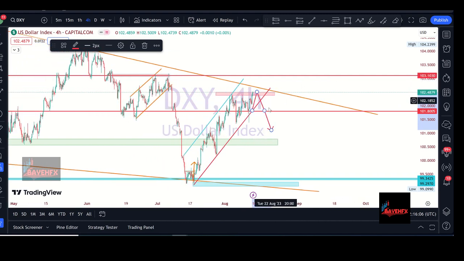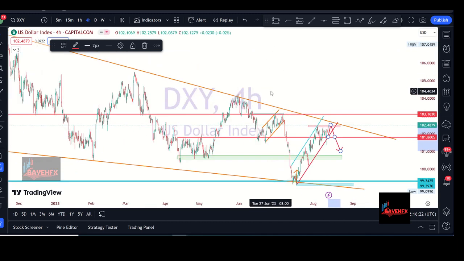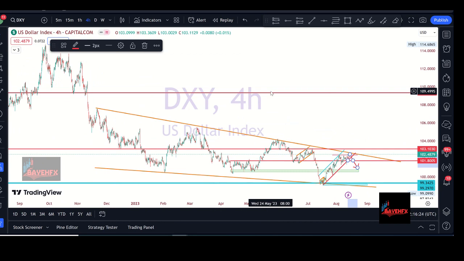So we're expecting two scenarios for the US dollar. If it comes bullish, we're going to break out of this particular bearish descending triangle and then look for possible buys, right? All USD pairs will be dragged, like the USDJPY, GBPUSD, and so on.